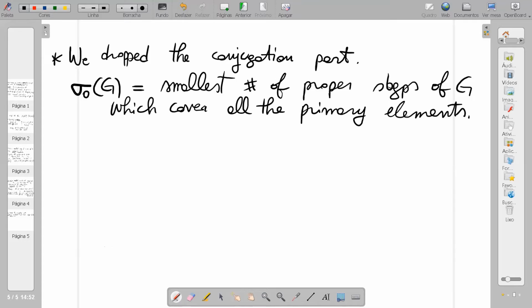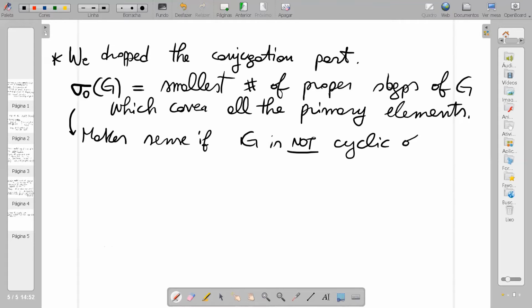So this makes sense if G is not cyclic of prime power order. Because of course, if it's cyclic of prime power order, then the generator cannot be in any proper subgroup.